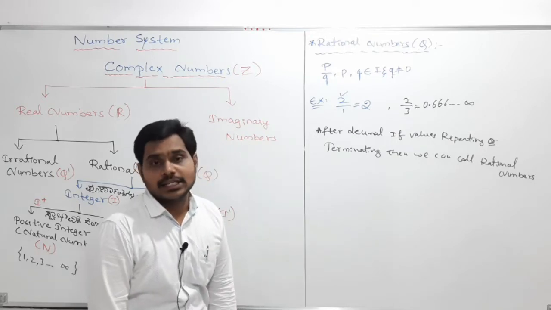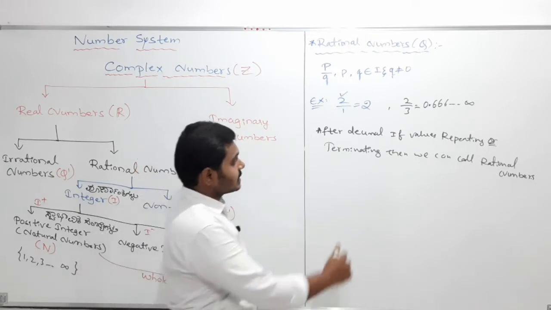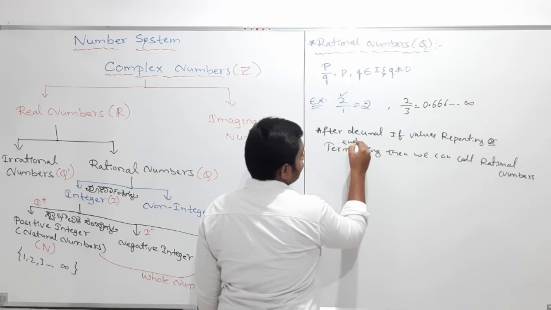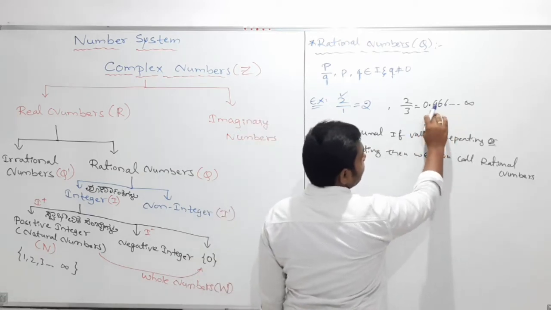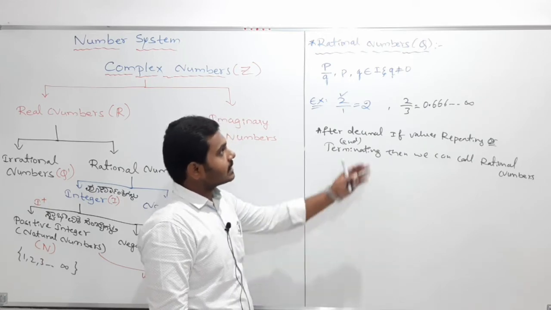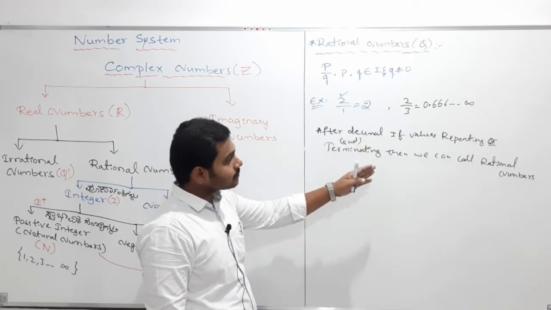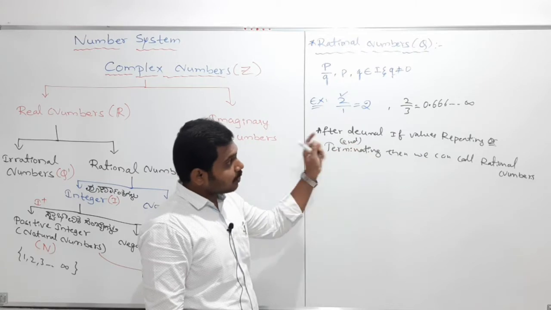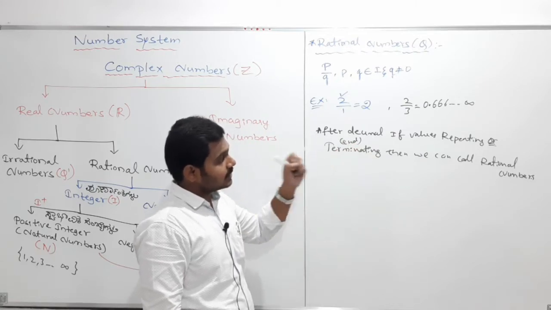My dear students, terminating means ending. The value should end after the decimal, like 0.6. If it is 0.6, then we can say it is terminating.